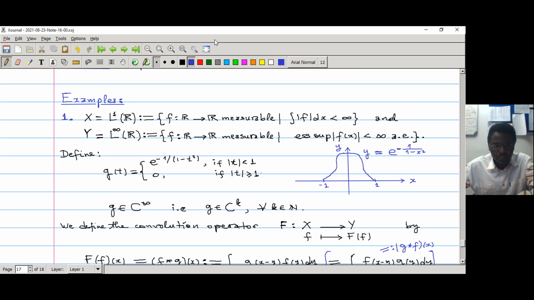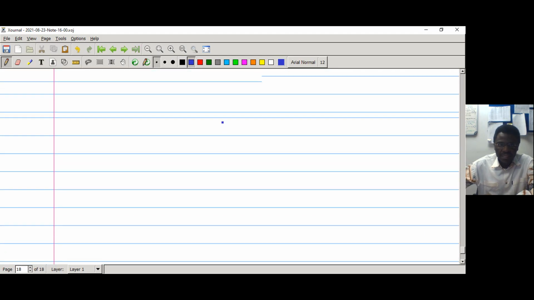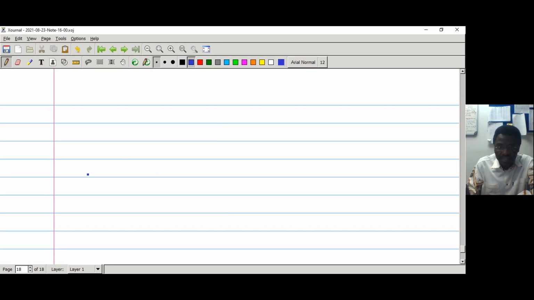I will erase it. Let's say, because if you recall, we define, we say that f is in relation with g, like this. And the relation here we use with respect to mu, for instance, right? With respect to mu, that's the measure that we are using. So let me write it this way.